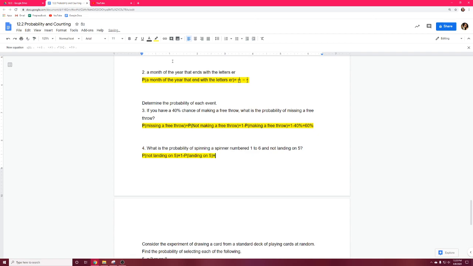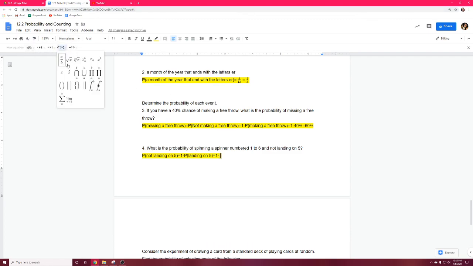What is the probability of landing on 5? It will be 1 on the top, because landing on 5 is just one of the events. And how many numbers are there? 6. So 1 minus 1 over 6 equals 5 over 6.